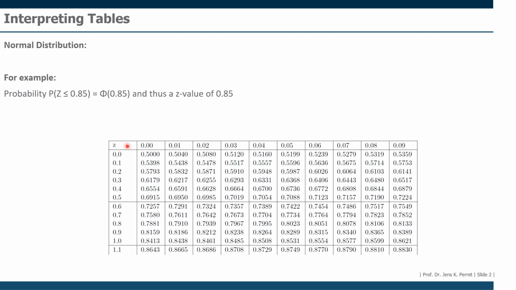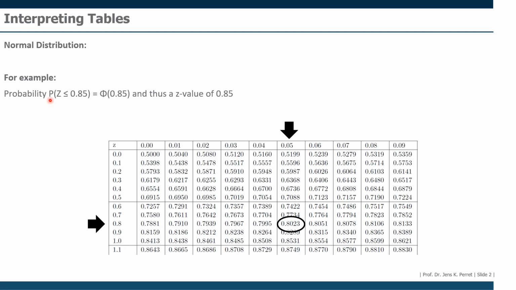So here we have 0.05, so we're using this column. So we have this column, this row, which leads us to the respective value down here of 0.8023. So that's the probability we will get for this part and therefore for the probability function here.